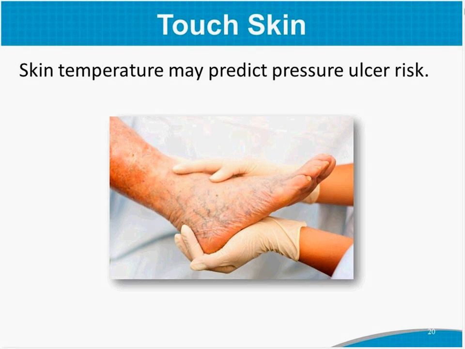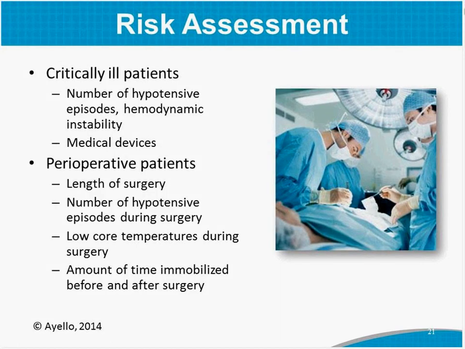Most of us are going to be assessing skin temperature by touching it, by using palpation. But more and more, some people are using non-contact infrared thermometers for temperature readings, even inexpensive little skin thermometers. You can Google them on the web and find where they are.